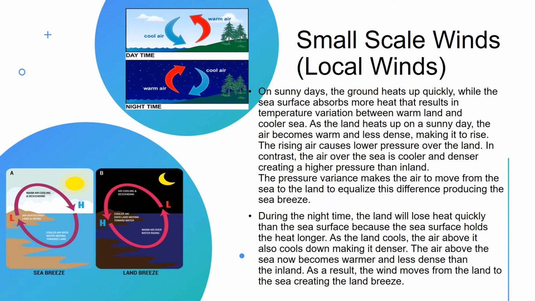Then, cooler air over water moving towards the land. So, yan yung sea breeze. So, yung galing dito sa dagat, mapapapunta ngayon sa lupa. Yan ay during daytime. Then, during nighttime, so baliktad lang yan.